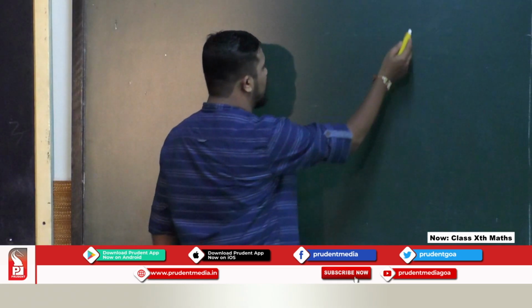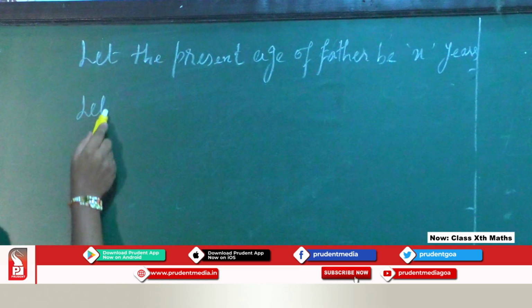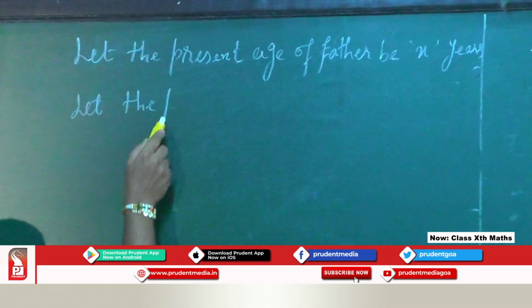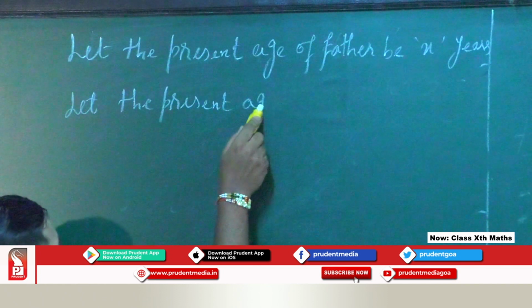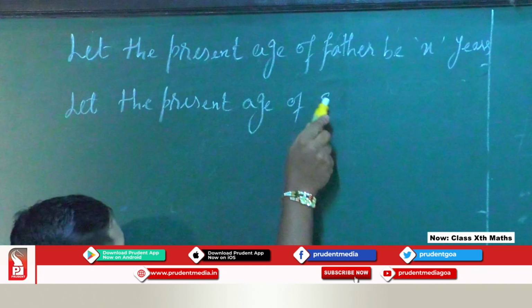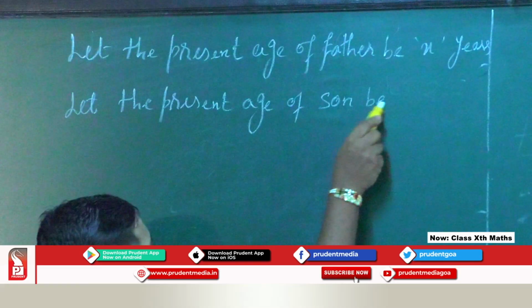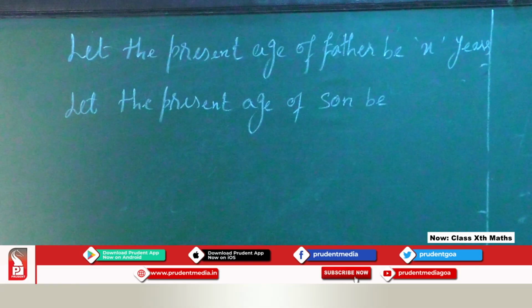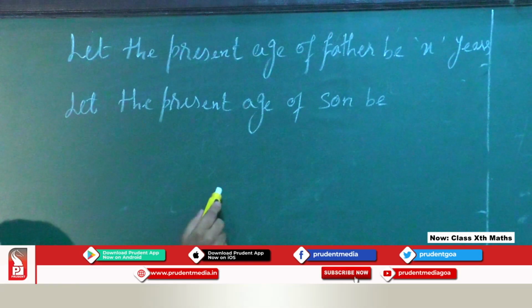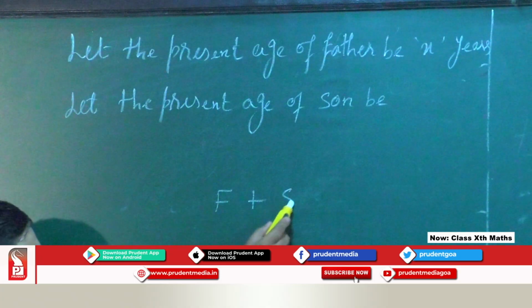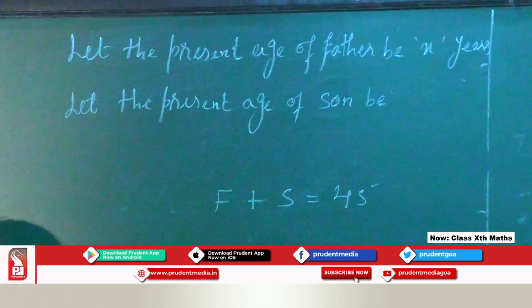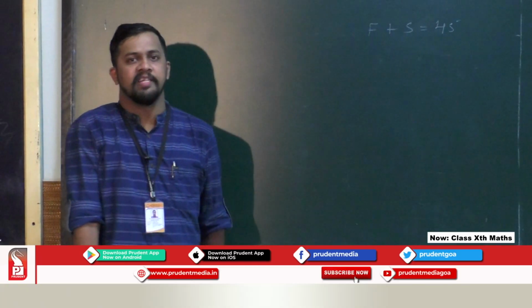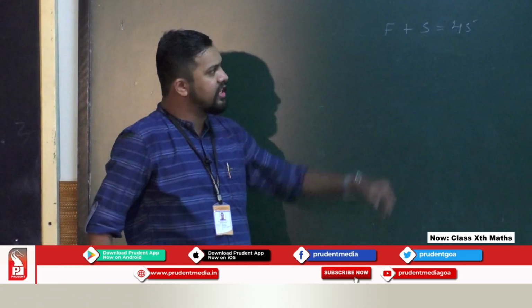So my second statement will be: let the present age of son be... Okay, now see how to write the son. By adding father's age and son's age, I will get the sum, total 45, which is what the statement is saying. The sum means plus. The sum of the present ages of father and son is 45.